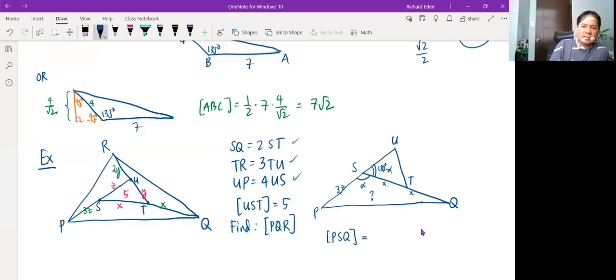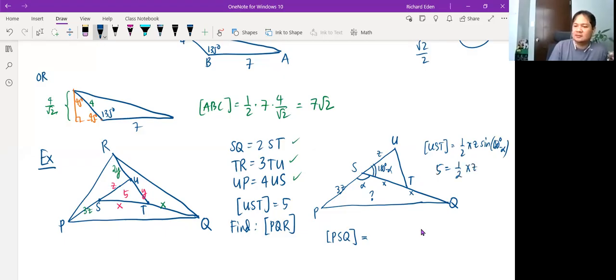So the area of UST is one half XZ times the sine of 180 degrees minus alpha, and that's equal to 5.